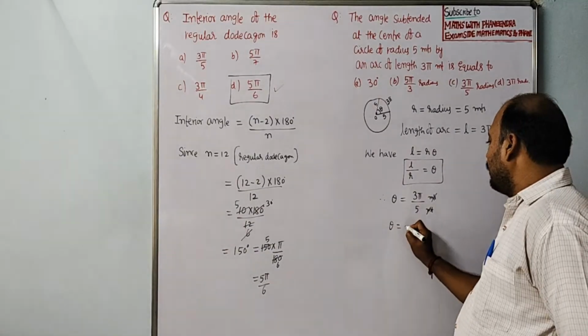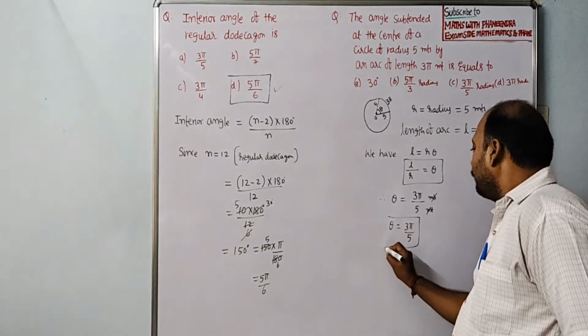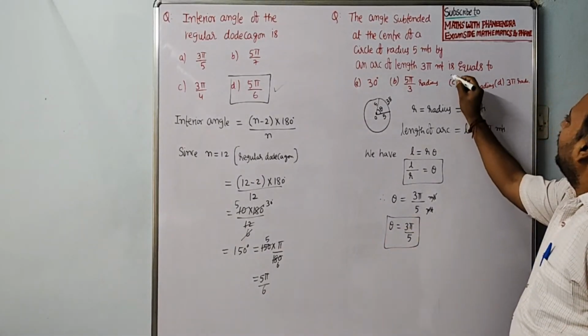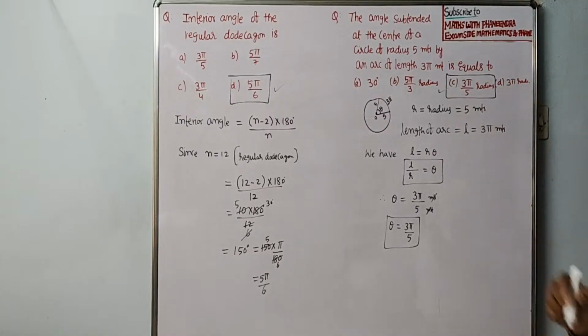Therefore, theta equals 3 pi by 5. The required angle 3 pi by 5 is there in the third option, dear students. I hope you understand. We'll move on to another set of questions.